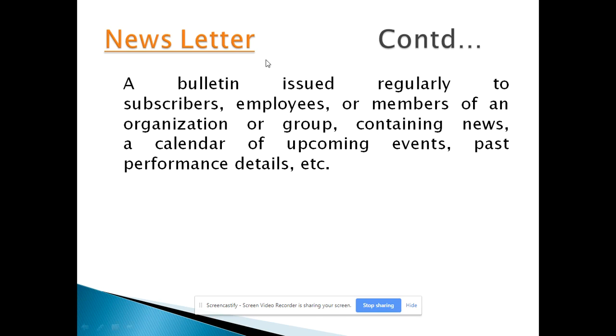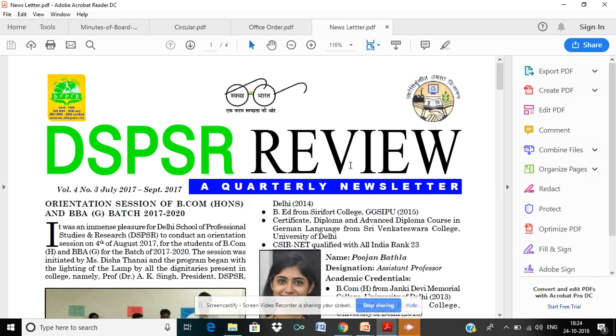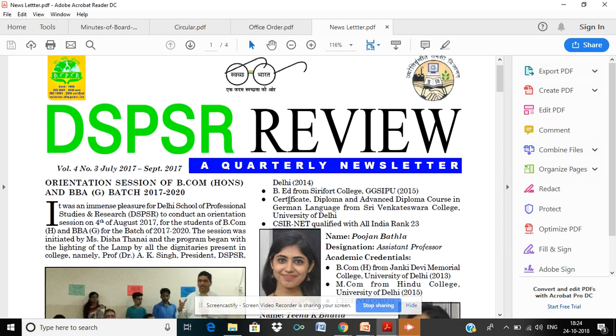We can see here one newsletter of my organization, the DSPSR, and the name of that newsletter is DSPSR Review. This newsletter is quarterly in nature. We are bringing four issues of that newsletter.